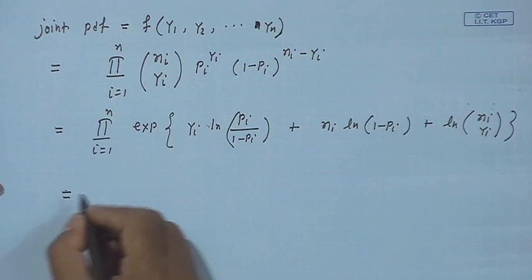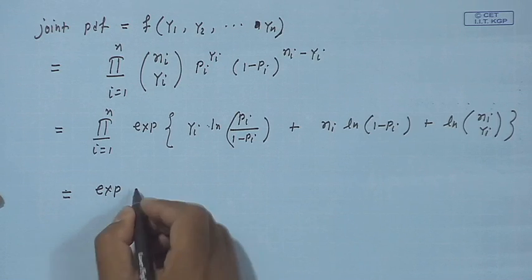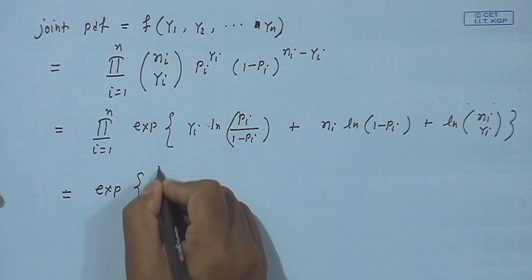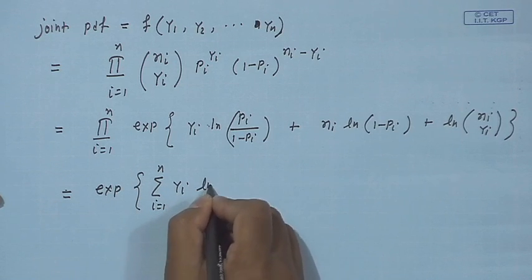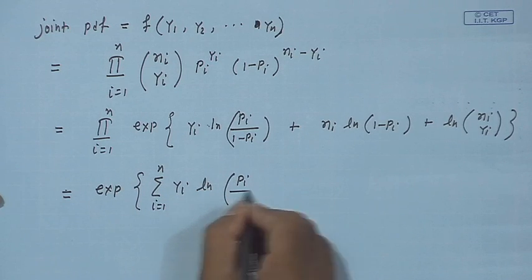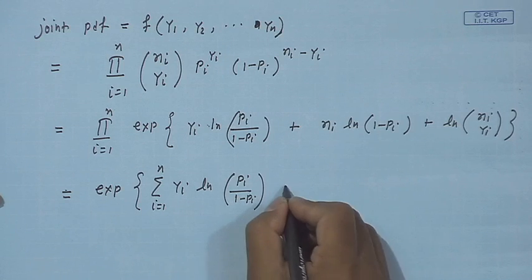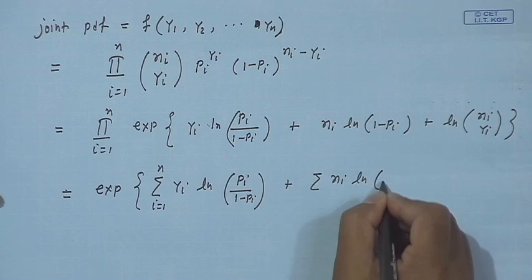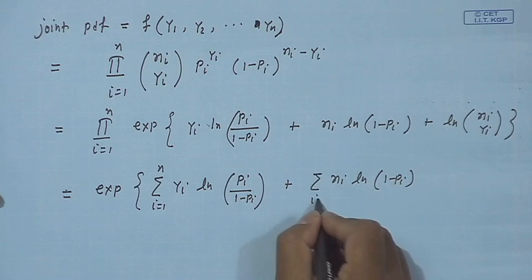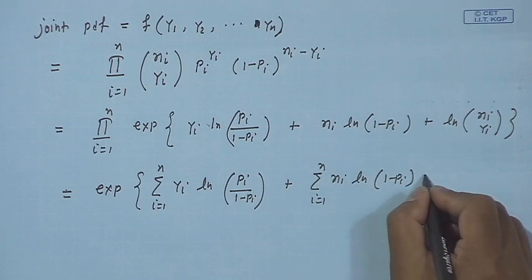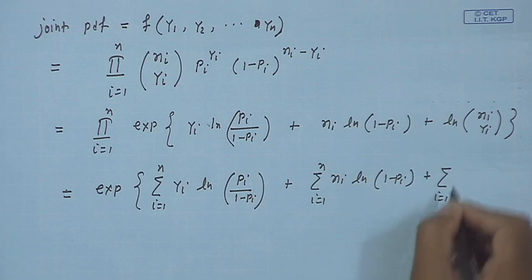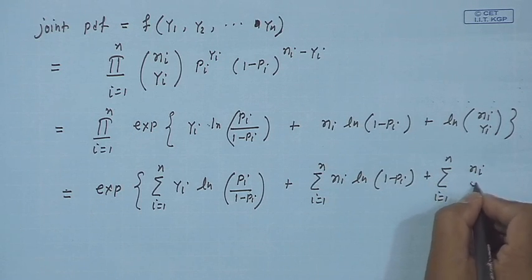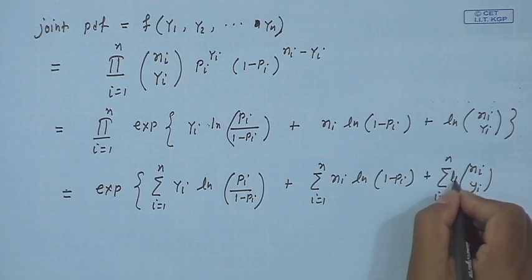And then you can finally write it as exponential of sum over i equal to 1 to n of y_i ln p_i by 1 minus p_i, plus sum over i equal to 1 to n of n_i ln 1 minus p_i, plus sum over i equal to 1 to n of ln n_i C y_i.